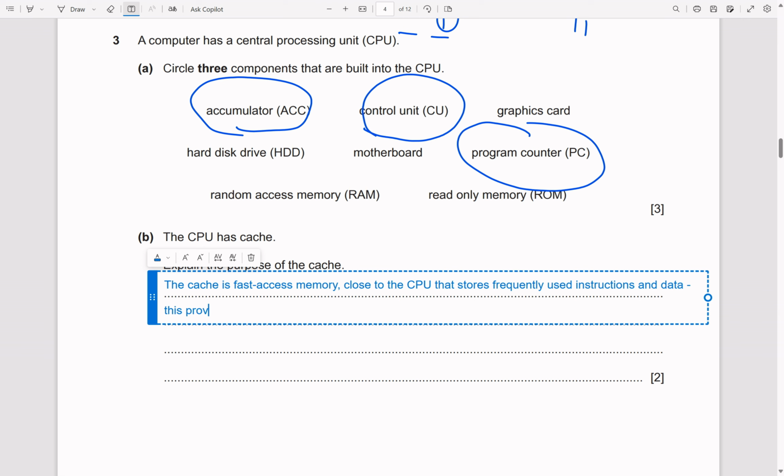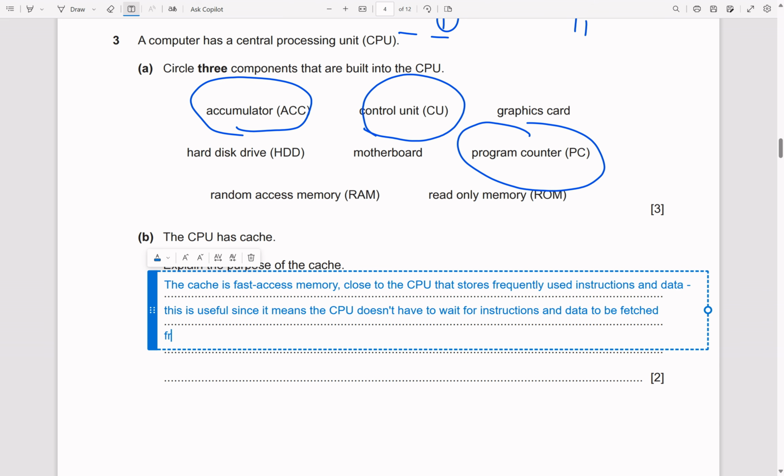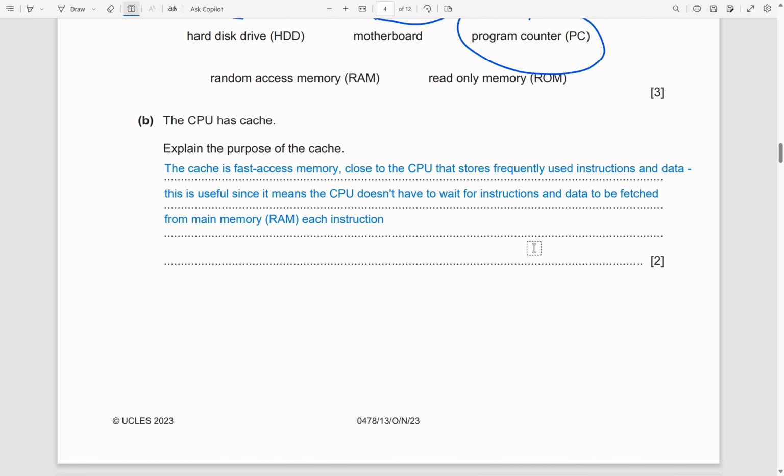This is useful since it means the CPU doesn't have to wait for instructions and data to be fetched, or read, from main memory (RAM) every time, for each instruction. So I think that's fine.